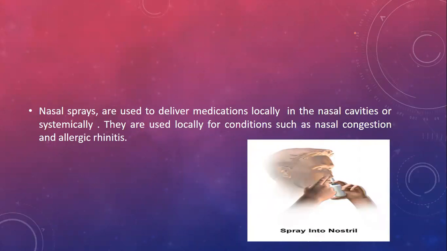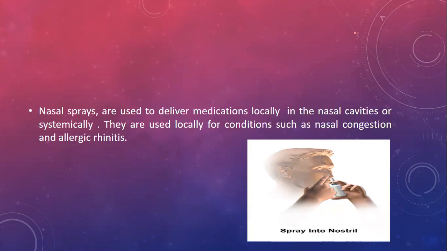So the definition: nasal sprays are used to deliver medications locally in the nasal cavities or systemically. Nasal spray is a form of medication that can deliver such minor particles into the nasal cavity, or it can be delivered through the nasal cavity for getting systemic effects also.